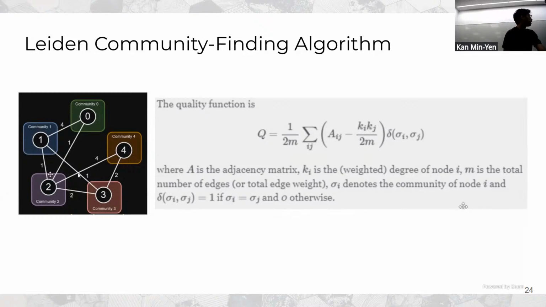And then the term you see on the right with the i and the j, that's basically delta. That's saying we only want to consider the stuff that's in the community that you're talking about right now. So it's 1 or 0.